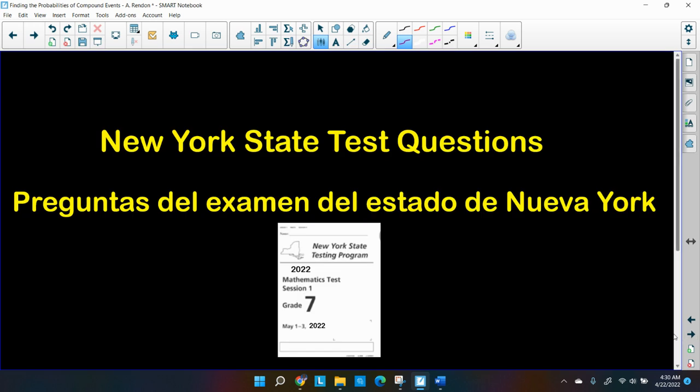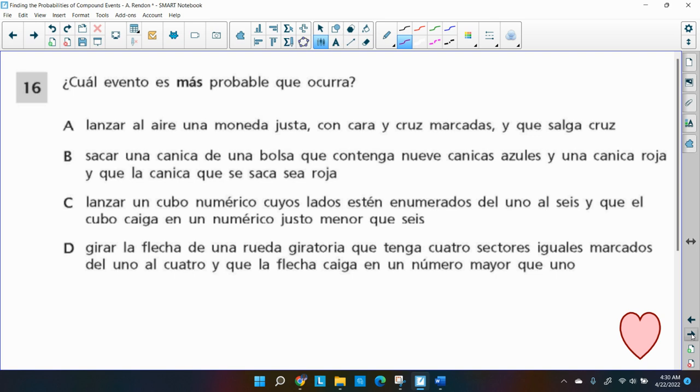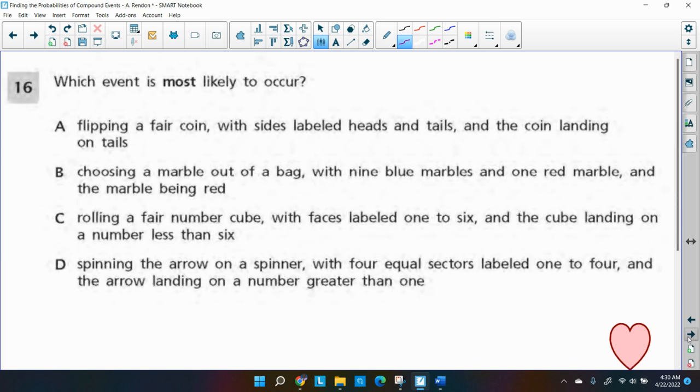And here's a New York State test question for you. So let's see. Number 16, I got from one of the state tests. There it is in Espanol. So I'm having a hard time reading it. Oh, here it is in English. Which event is most likely to occur? Flipping a coin, choosing marbles out of a bag, rolling a fair dice cube, which faces number 1 to 6, landing on a number less than 6.